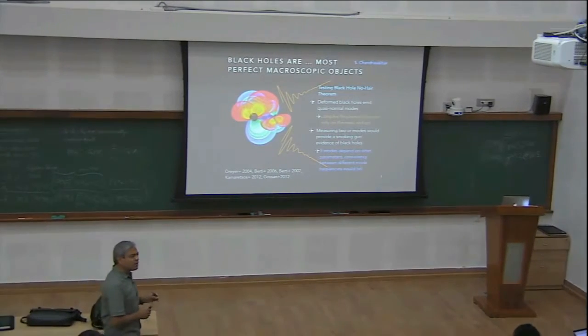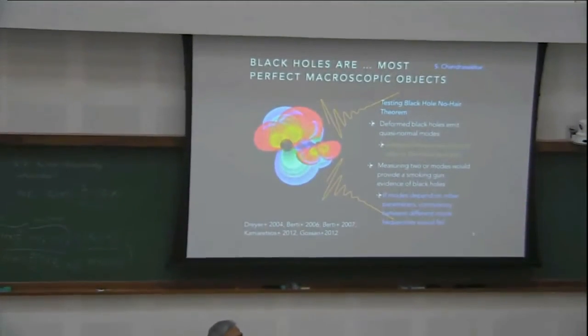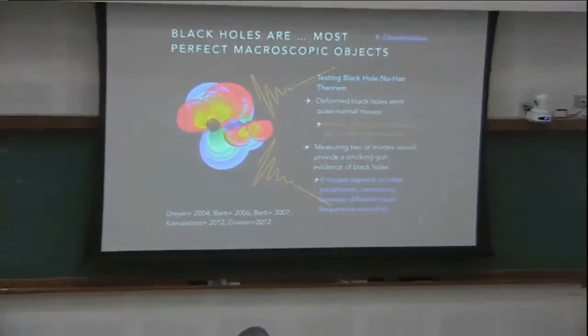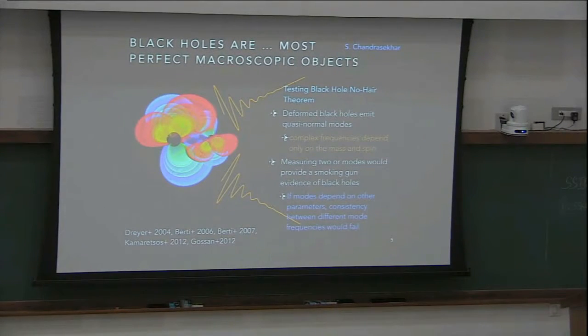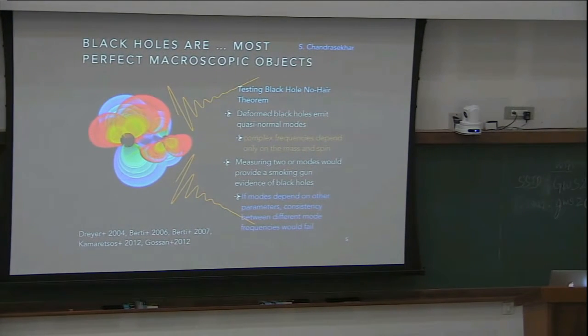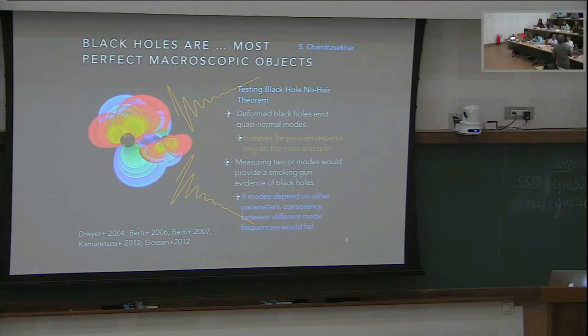Because if you put in some other exotic objects, they give you the same inspiral phase. The so-called final ringdown radiation might differ depending on whether the final product is a black hole or something else. But we can't see the ringdown radiation. But what if we could see the ringdown radiation? How do we go about testing it?